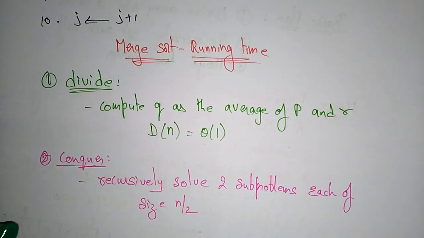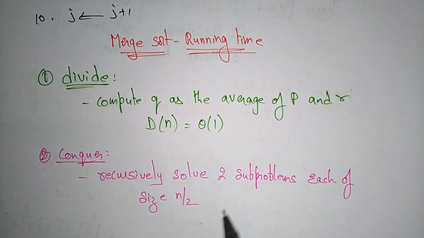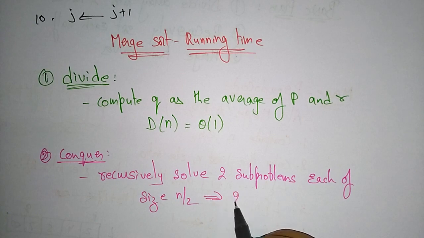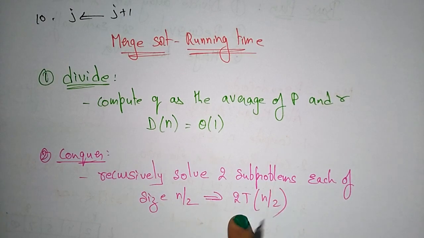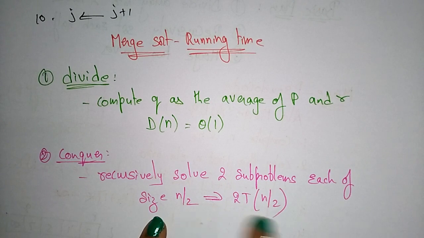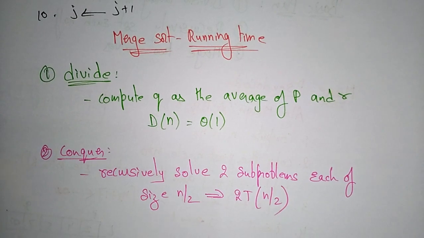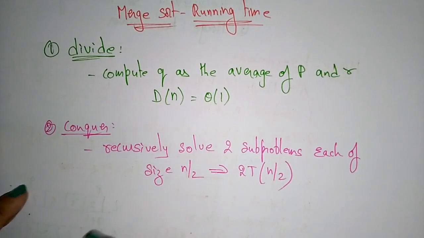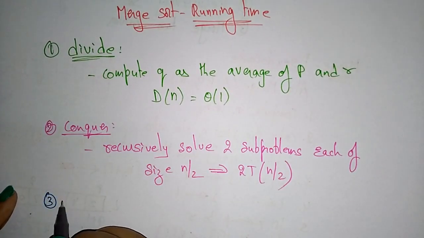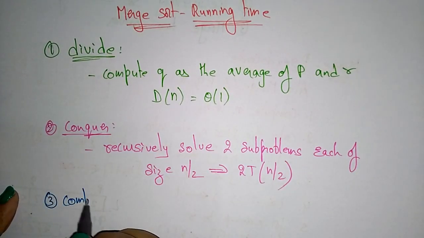The first half is n by 2 and the second half is n by 2, so you have to recursively solve, giving 2T of n by 2. Then the third step is to combine, after getting the sorted arrays of the subproblems.